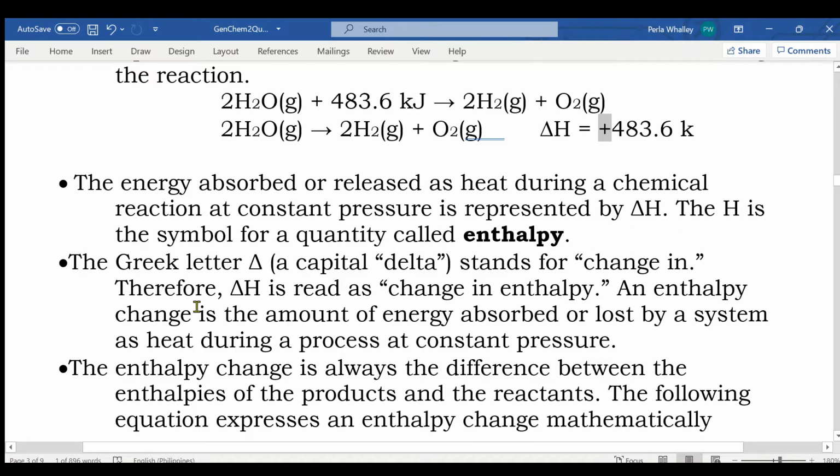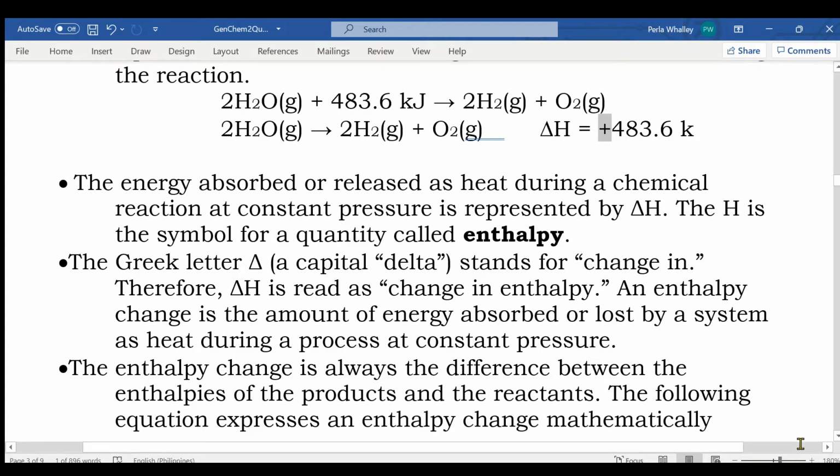Therefore, delta H is read as change in enthalpy. An enthalpy change is the amount of energy absorbed or lost by a system as heat during a process at constant pressure. The enthalpy change is always the difference between the enthalpies of the products and the reactants.